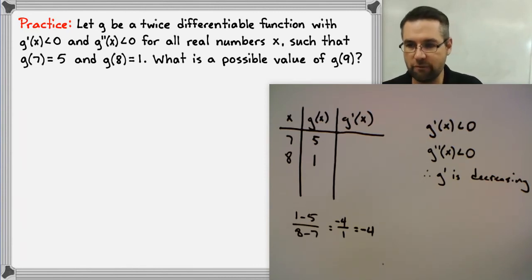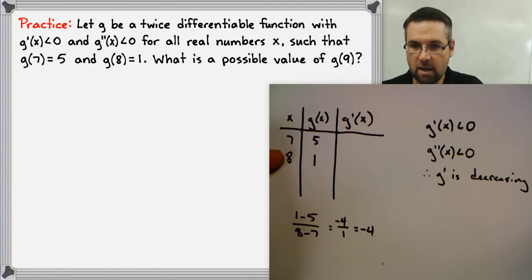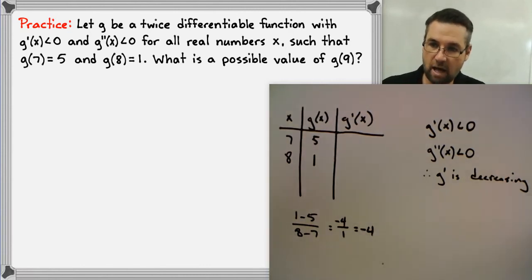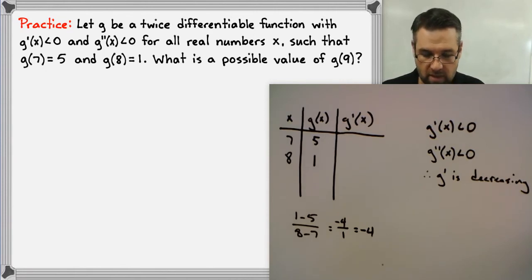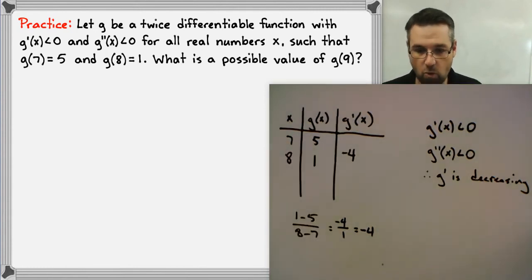Since G is differentiable over the interval 7 to 8, we can apply the mean value theorem. Since the average slope between 7 and 8 is negative 4, that means G prime will be negative 4 for some value between 7 and 8, okay?